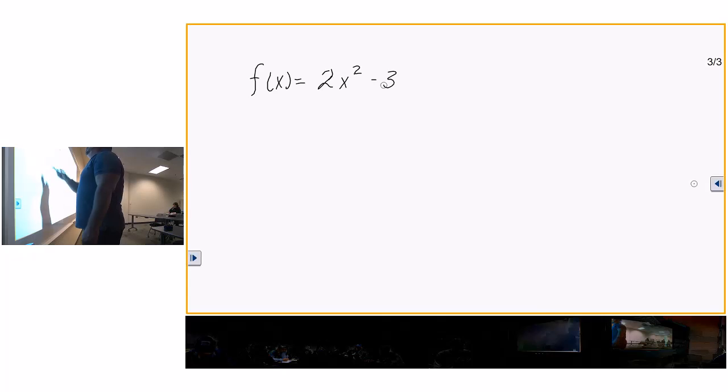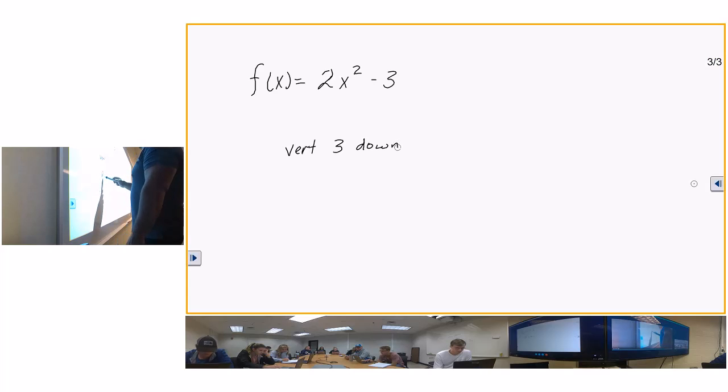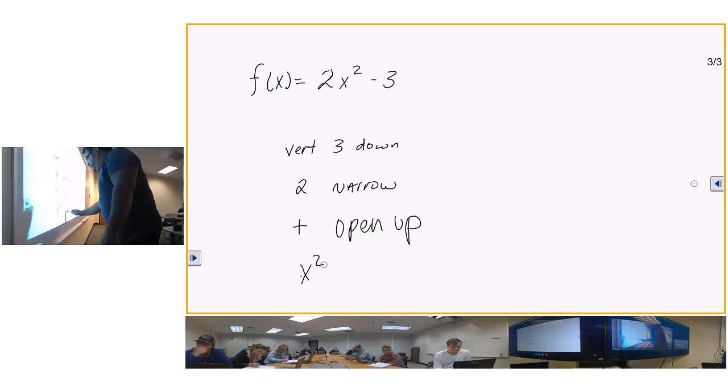Well, it's got a vertical shift of 3 down. The 2 means it's going to be narrow. And positive 2 means that it's going to be open upward. And the x squared means it's going to be a parabola.